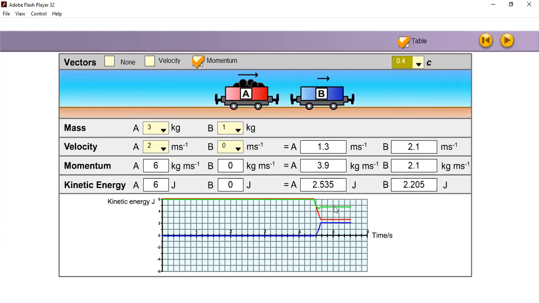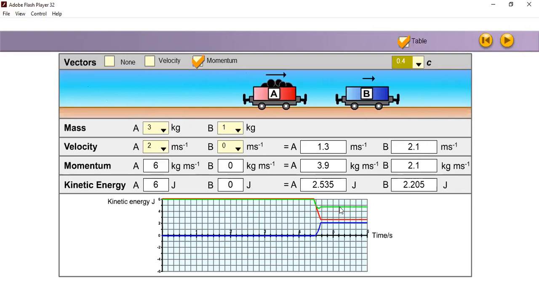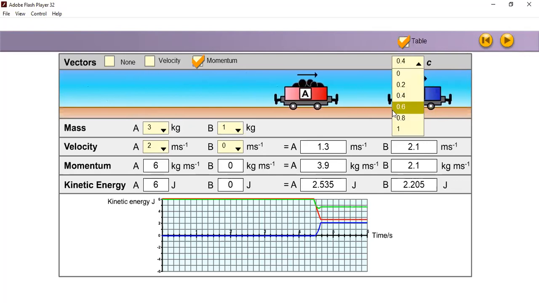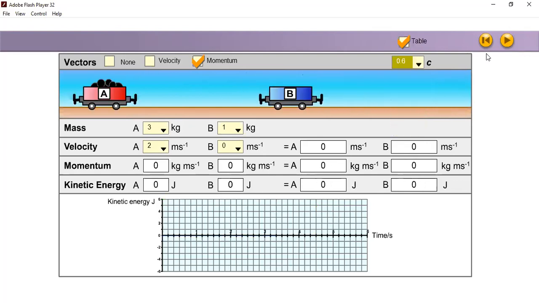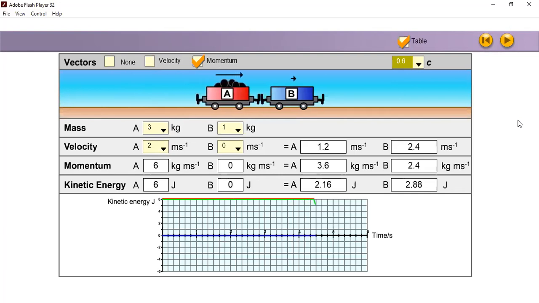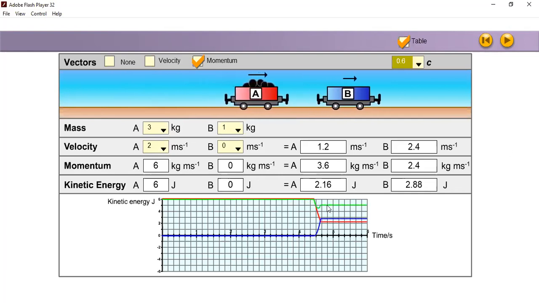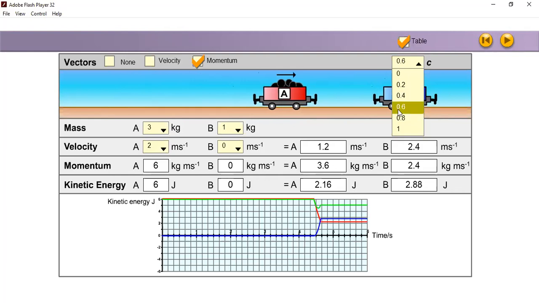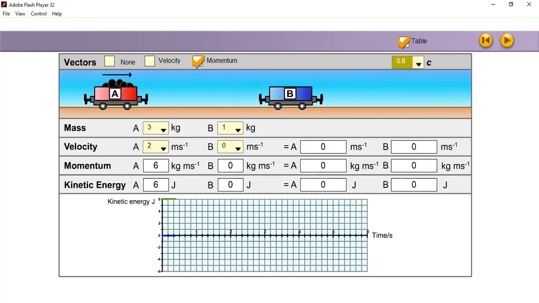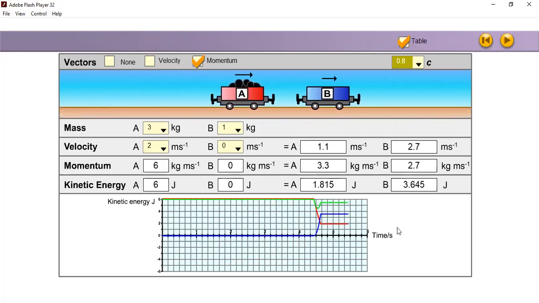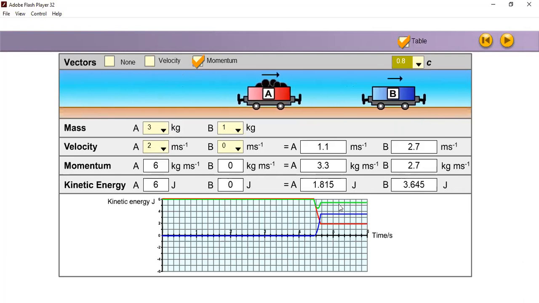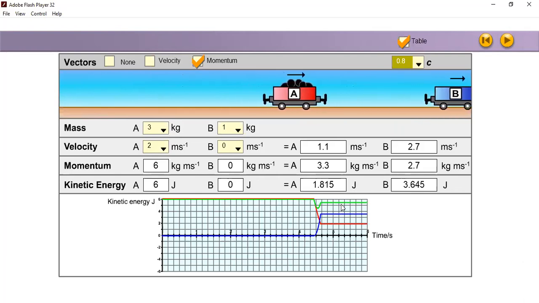still with the difference in the kinetic energy. 0.6, you see, if 0.8, all of them with the difference in kinetic energy, right?